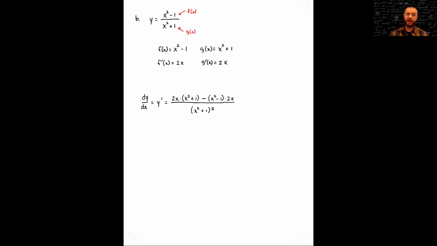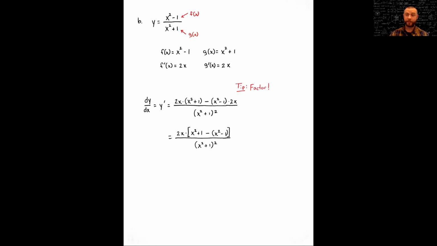Notice, since both f prime and g prime are 2x, each term in the numerator from the quotient rule has a factor of 2x. So instead of distributing everything and canceling and collecting like terms, let's just factor 2x out from the numerator. And that's, again, a very useful tip once the problems get more challenging and harder.